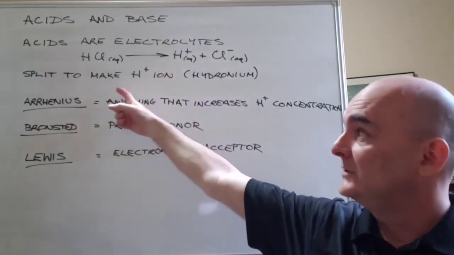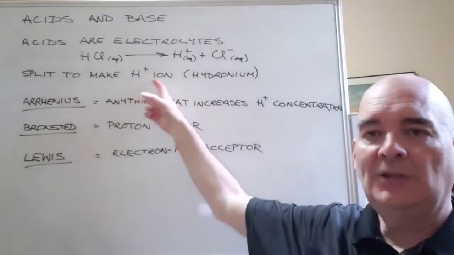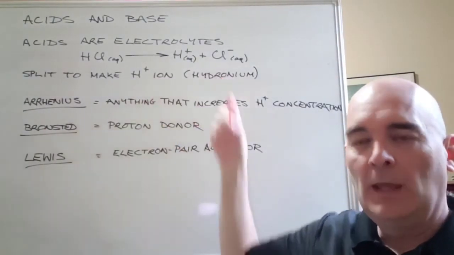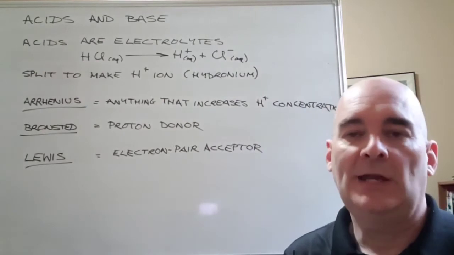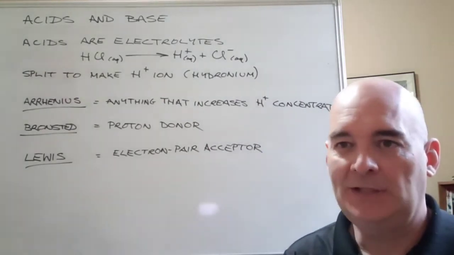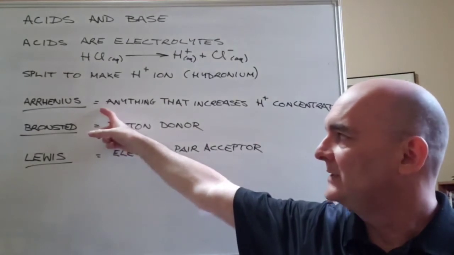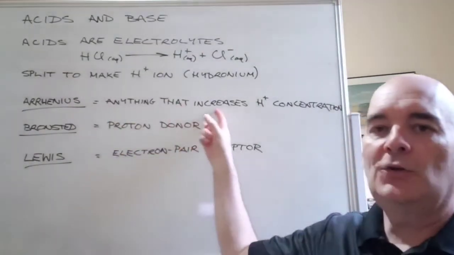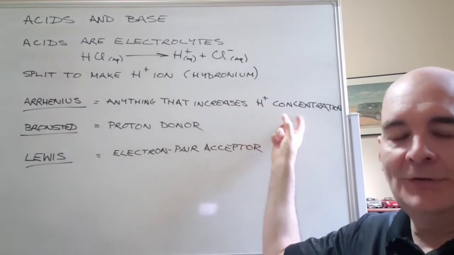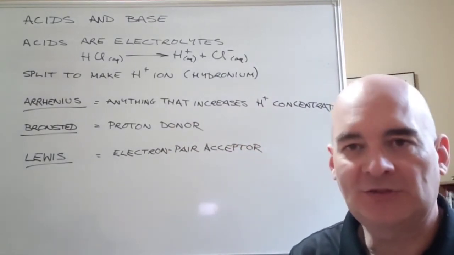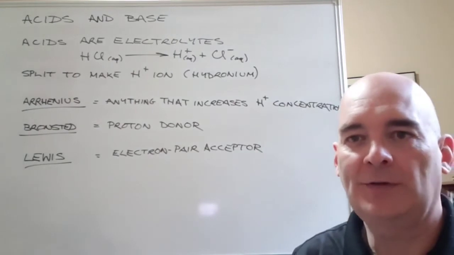So acids split to make the H+ ion, which is called hydronium. There are 3 definitions of what an acid is. Arrhenius defined the acid as anything that increases the H+ concentration in solution. That's going to be the simplest one for us to deal with right now.